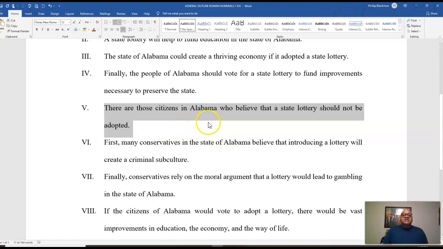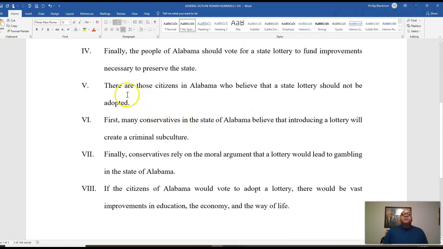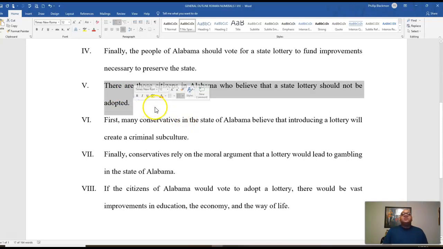There are those citizens in Alabama who believe that a state lottery should not be adopted, okay? This is the exact opposite view from my thesis statement that says the state of Alabama should adopt a state lottery. Roman numeral number 5 is just a general sentence introducing your opposing views, okay? Who disagrees with you?